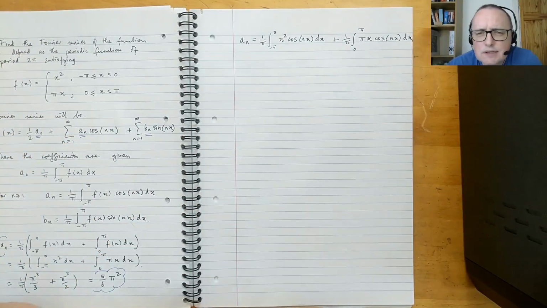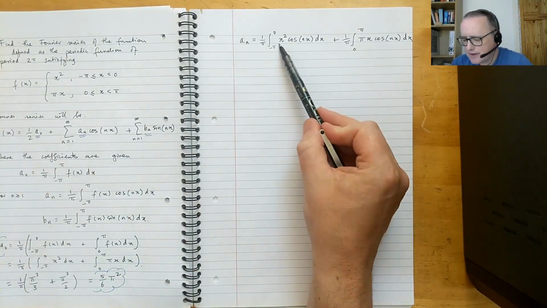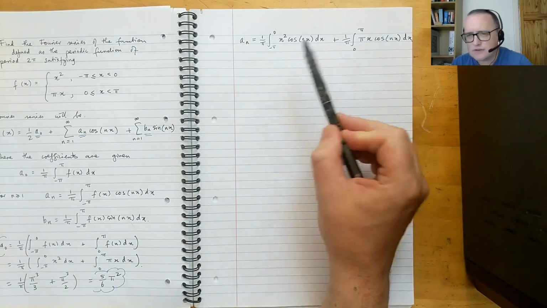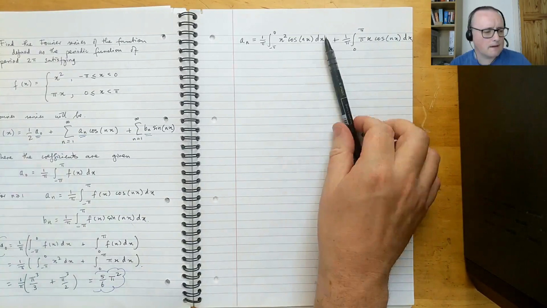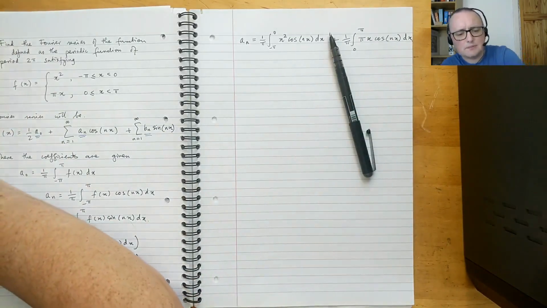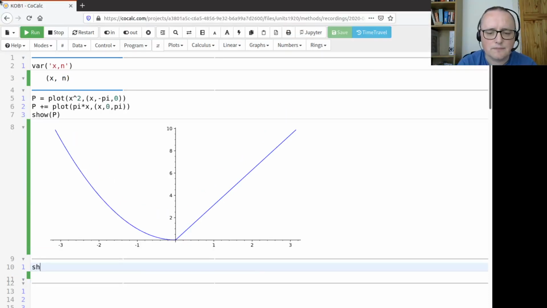So we have to do these two integrals. They're not too bad. They're products of x with a cosine, so you would need to use some kind of integration by parts to do those. But just to speed us up a little bit, I'll jump across to the computer again, and we'll use the computer to quickly tell me what these two integrals are, rather than me trying to work through it. So first of all, we're integrating x squared times cosine of n times x with respect to x.